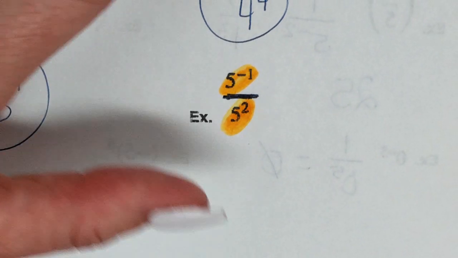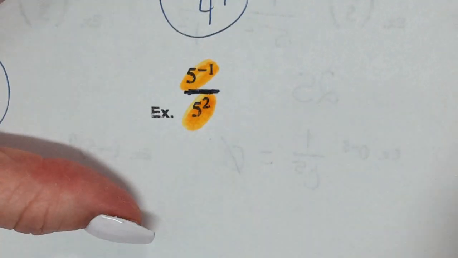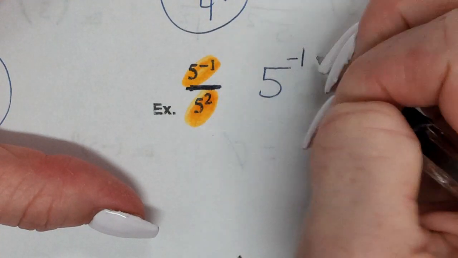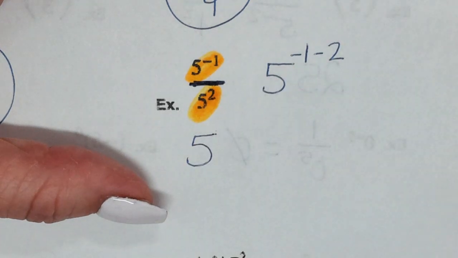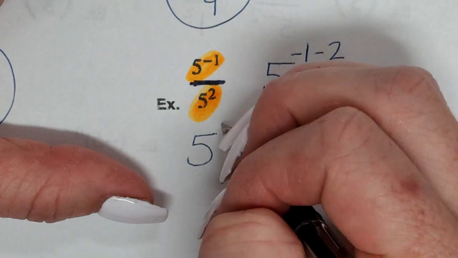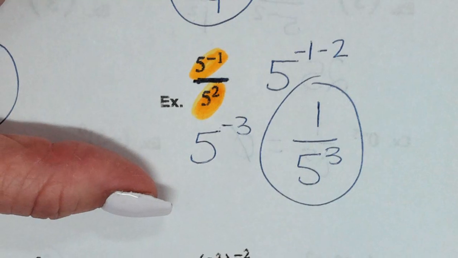So when I have bases that are the same and it's being divided, what do I do to the exponents? 5 to the negative 1 minus 2. What is negative 1 minus 2? Negative 3. So 1 over 5 to the 3rd.